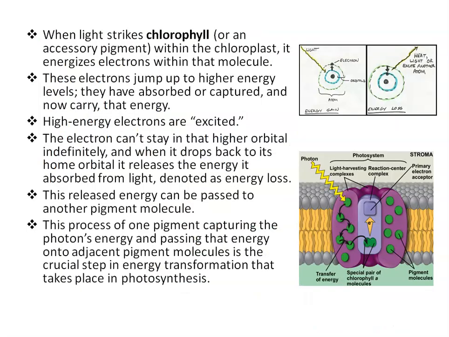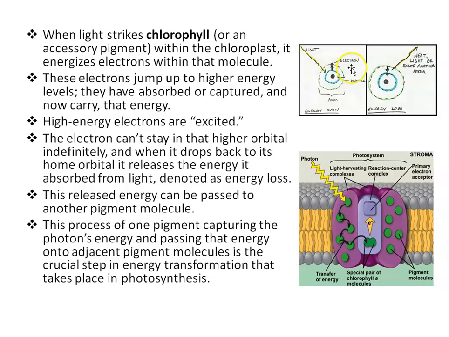Now, listen carefully. When light strikes a chlorophyll molecule, or an accessory pigment within the chloroplast, it energizes an electron within the molecule. These electrons then jump up to higher energy levels. They have absorbed or captured energy and now carry that energy.